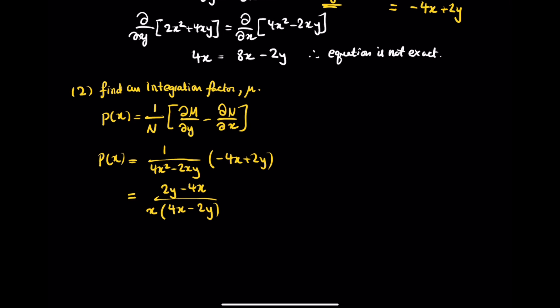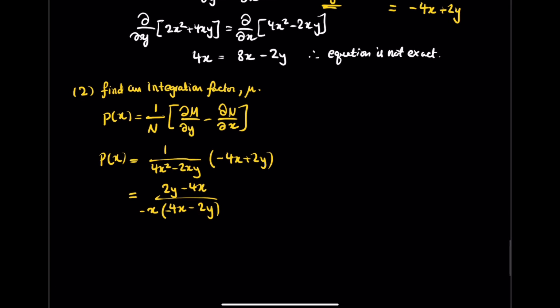And that actually looks very similar, does it not? So if we make this negative and we bring the negative on the outside, that perfectly matches the numerator. So then we can just cancel these two out. And so therefore, the value of your px is just minus 1 over x. And this is great.